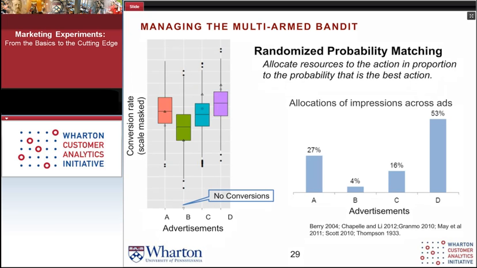If you look on the right panel, you're going to see an allocation of ad impressions that's smoother, right? It's still favoring the best performers and taking some impressions away from the worst performers, but it's not giving up entirely. So you might ask, well, that's a nice idea, but where are these probabilities coming from?